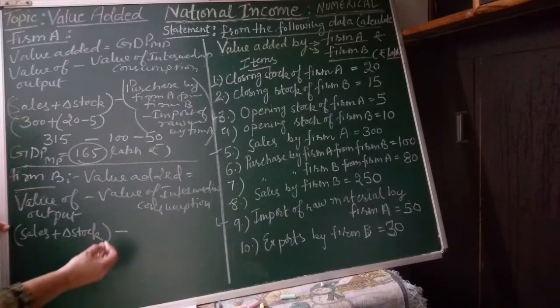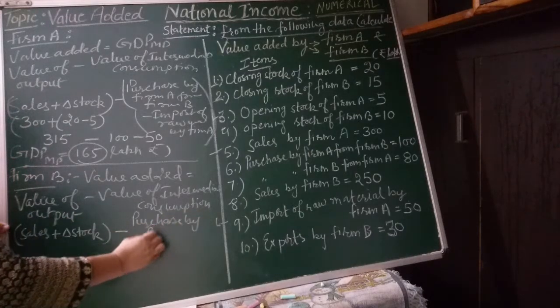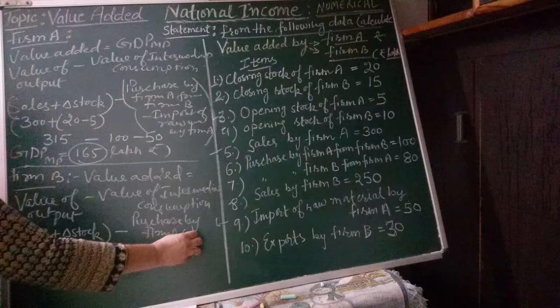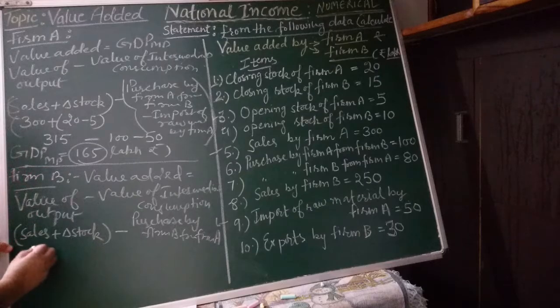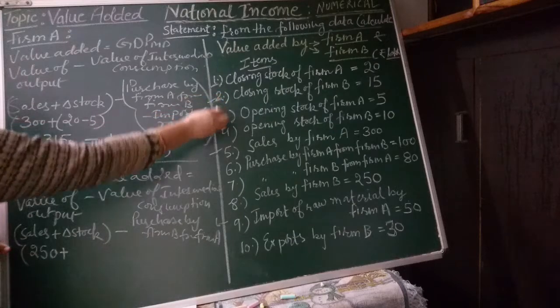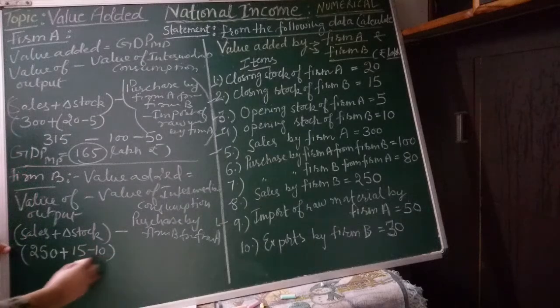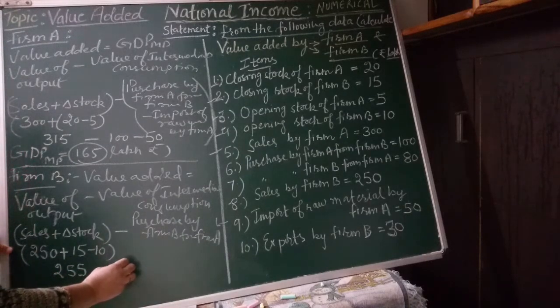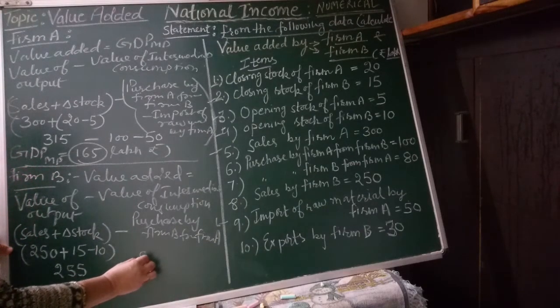Rather, purchase by firm B from firm A. Sales by firm B, that is 250 plus closing stock of firm B, that is 15, and opening stock of firm B, that is 10. 15 minus 10, that is 255 will be the value of output by firm B. We have to deduct purchase by firm B from firm A, which is 80.